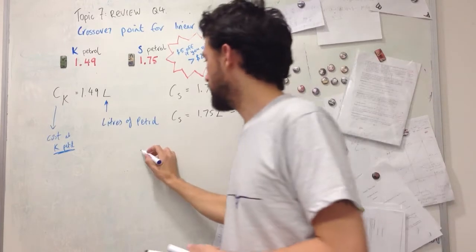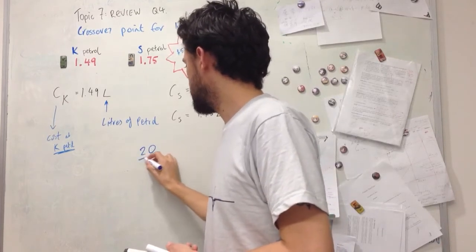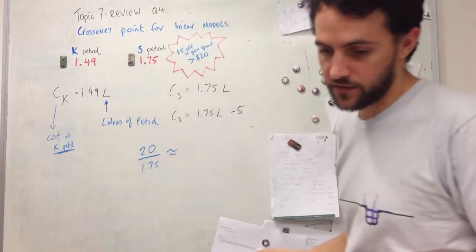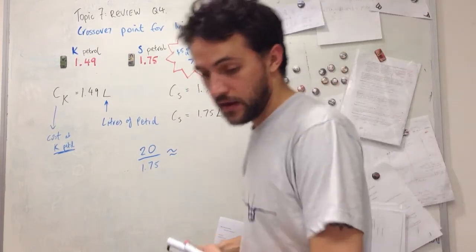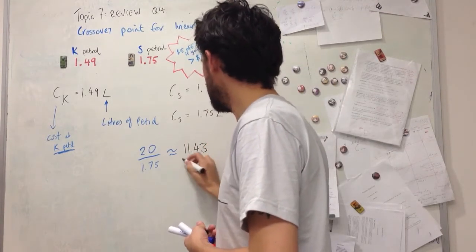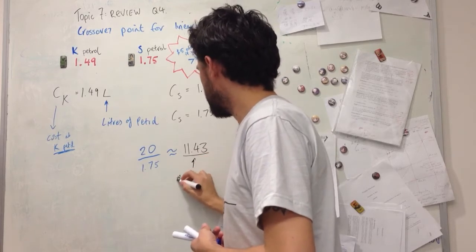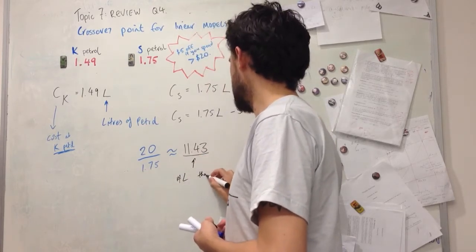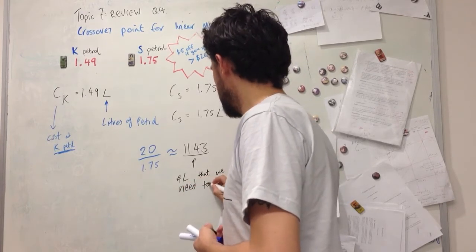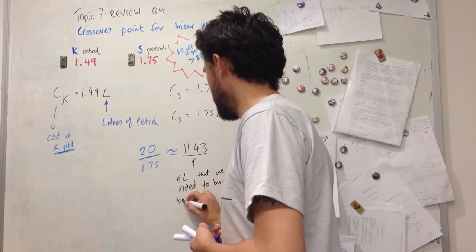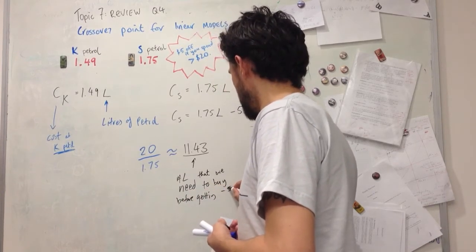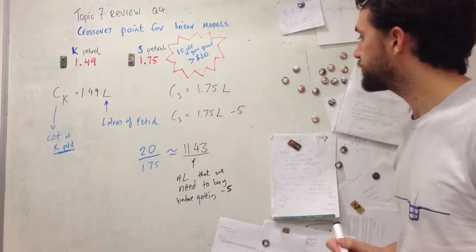So we can just do our $20 and divide it by 1.75, and this will give us approximately, I think, 11.43. And so this is the number of litres that we need to buy before getting the $5 off.